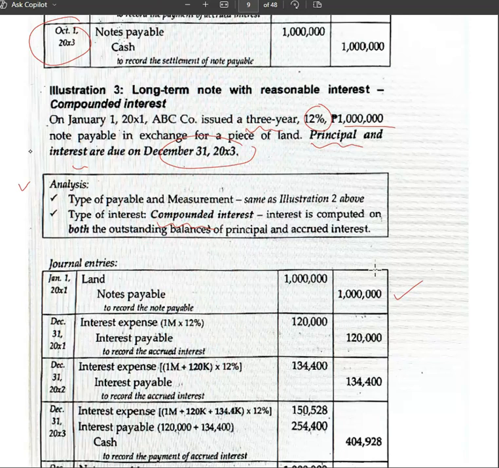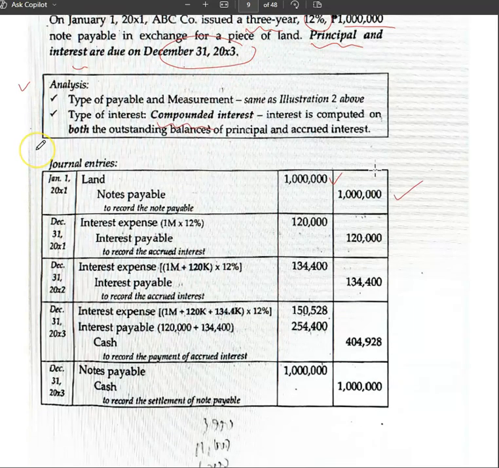We don't have any independent price for the land, so we are going to follow the notes payable as our valuation for the land at face value. December 31, take note that this particular promissory note will mature on December 31, 20X3. So we now have our first reporting date.